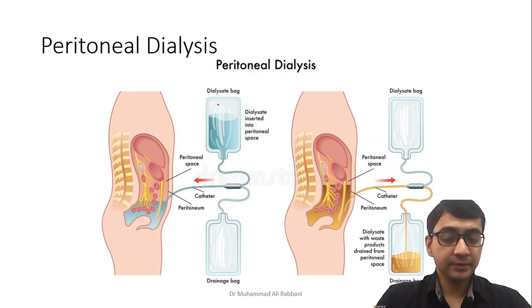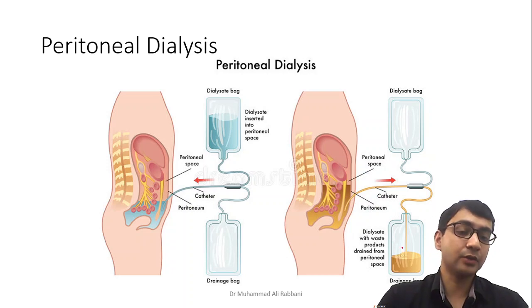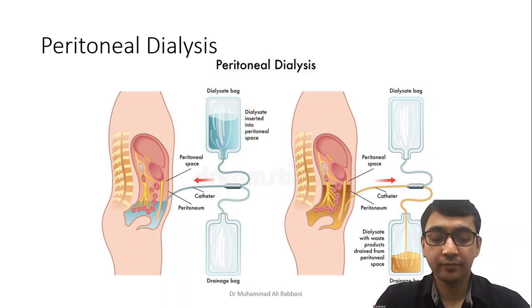So what we do is we put the dialysing fluid into the peritoneal cavity and leave it there. Due to the large surface area, the exchange of material occurs. The waste that has to go into the peritoneal space comes out, and then we put another bag and we drain it. Then we put in the new dialysing fluid, and this process can be continued as long as needed.